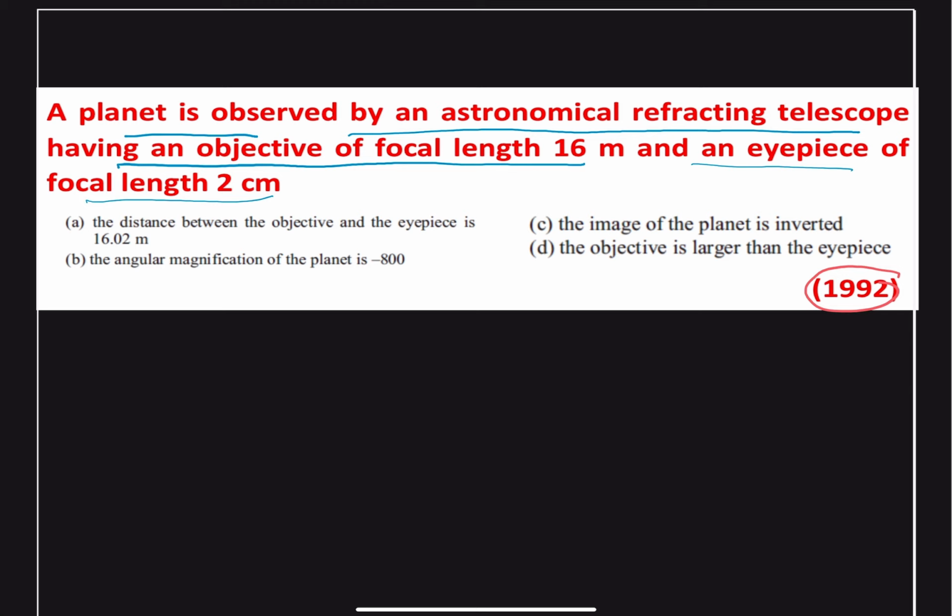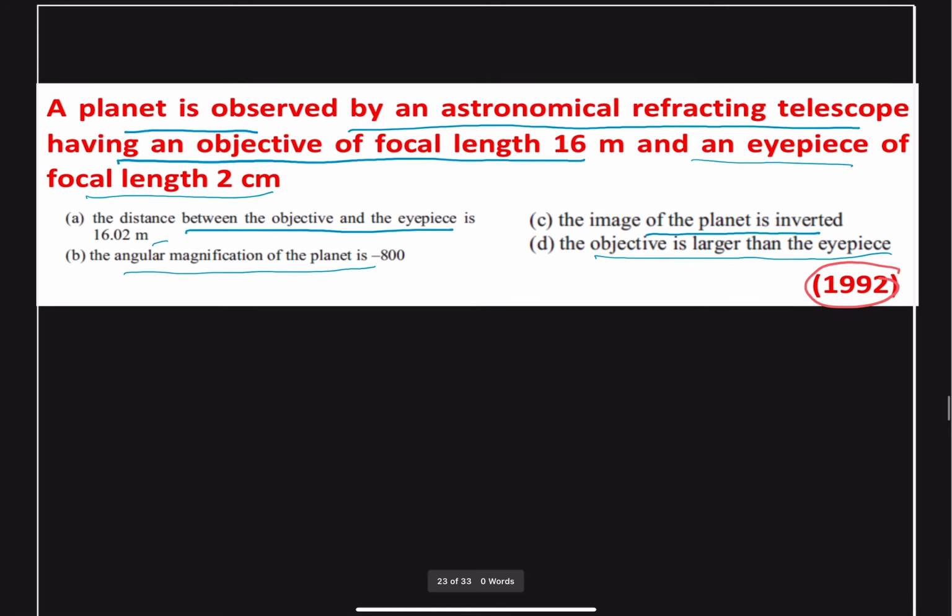Based on this, we are having 4 options. In the first, it is said that the distance between the objective and eyepiece is 16.08 meter. The angular magnification of the planet is -800. C, the image of the planet is inverted, and the objective is larger than the eyepiece.